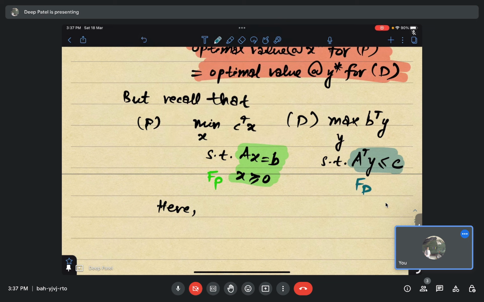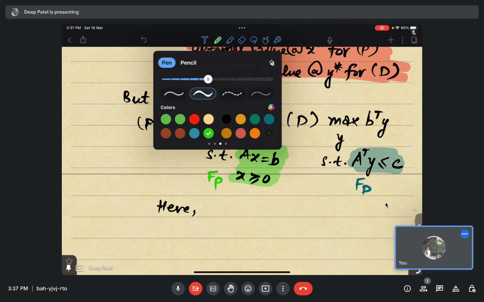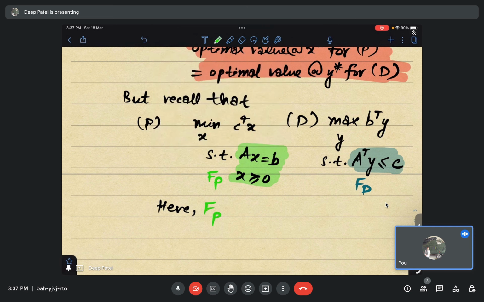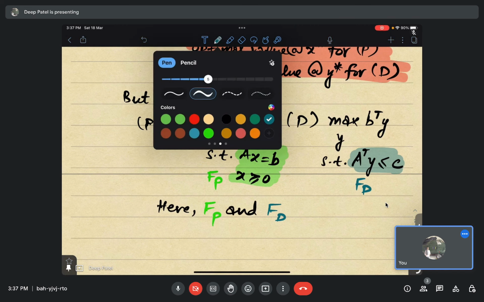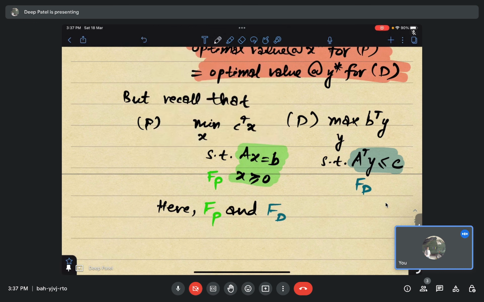Here FP and FD are different feasible regions, and moreover they are in different spaces.